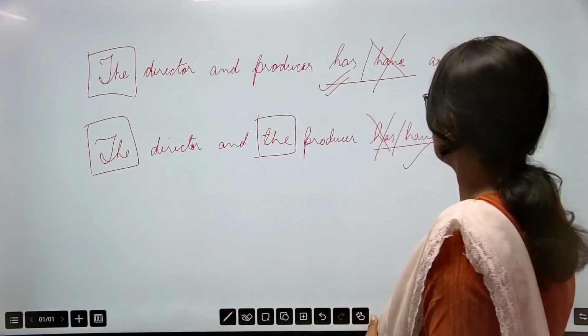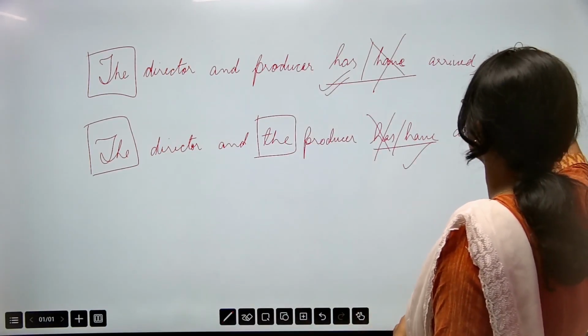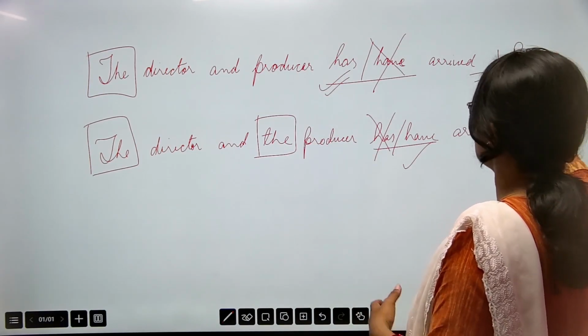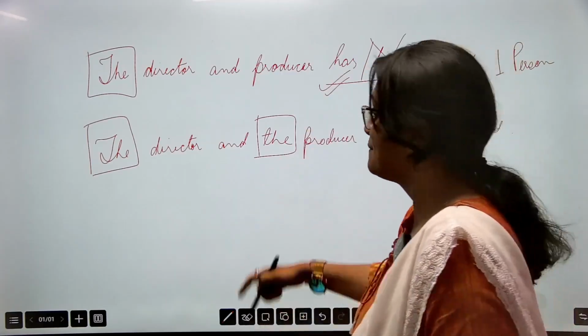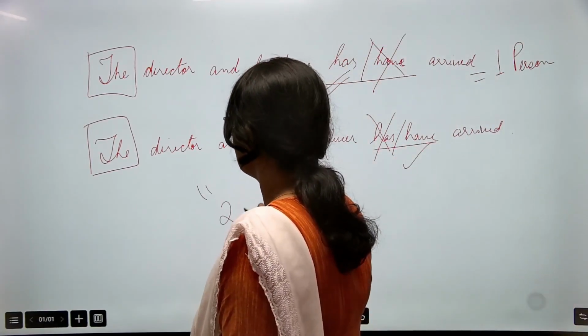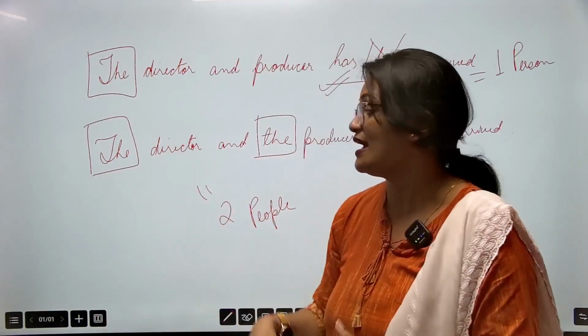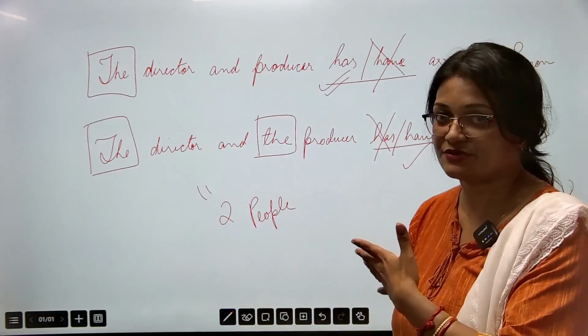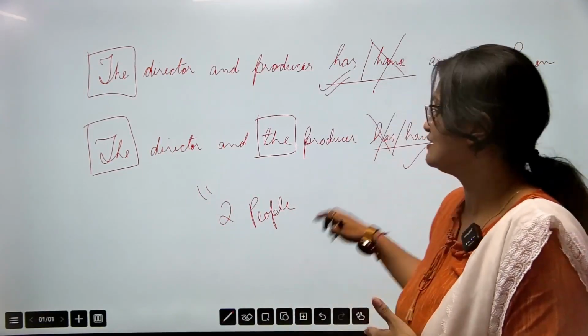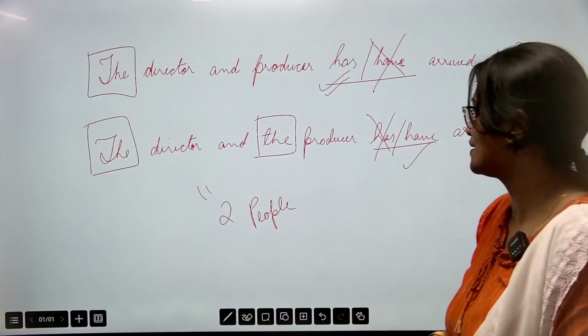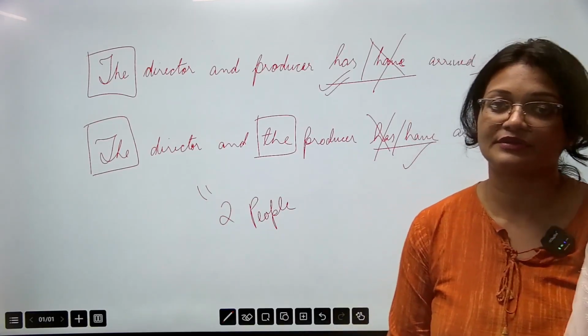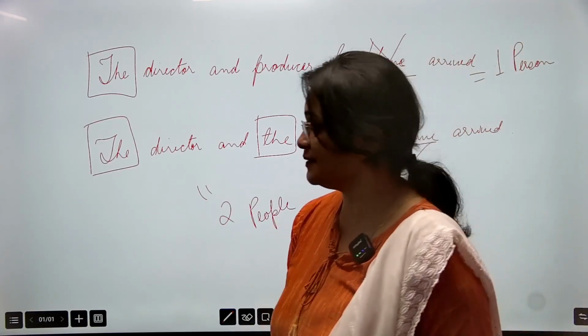So here we're talking about one person. But in the other sentence we are talking about two people. One person is the director and the other person is the producer. Two people are concerned in the second sentence, and that is why we will use a plural verb. It's easy to remember, right?